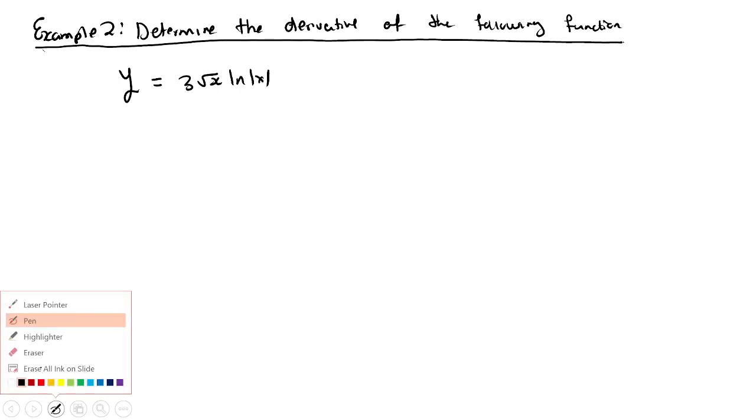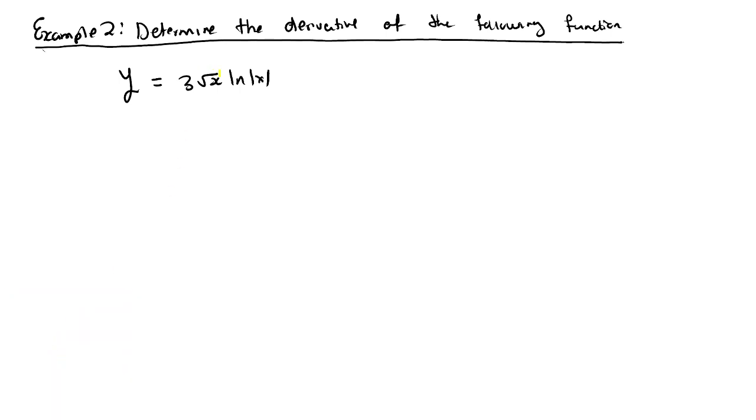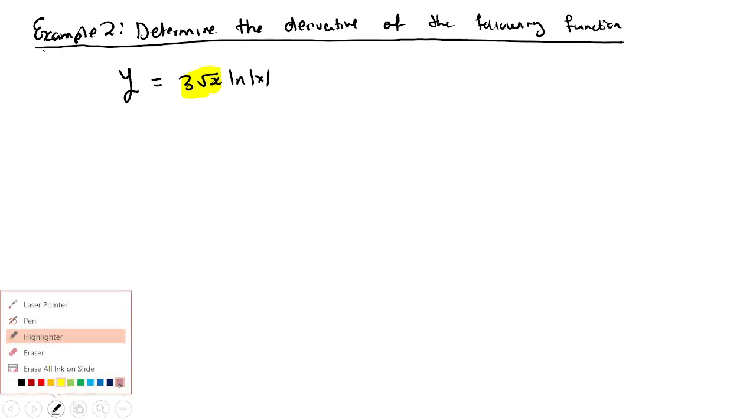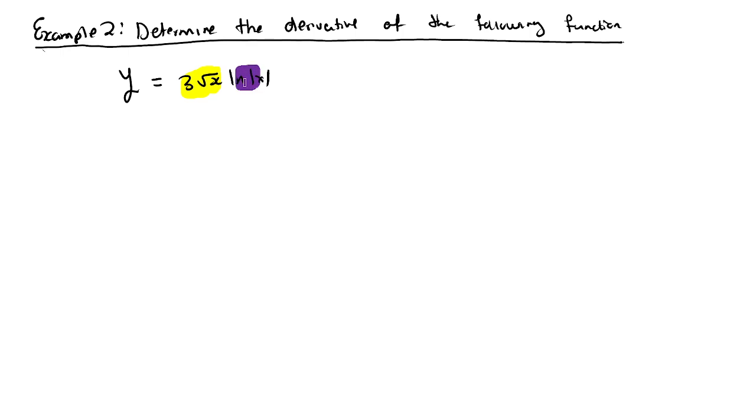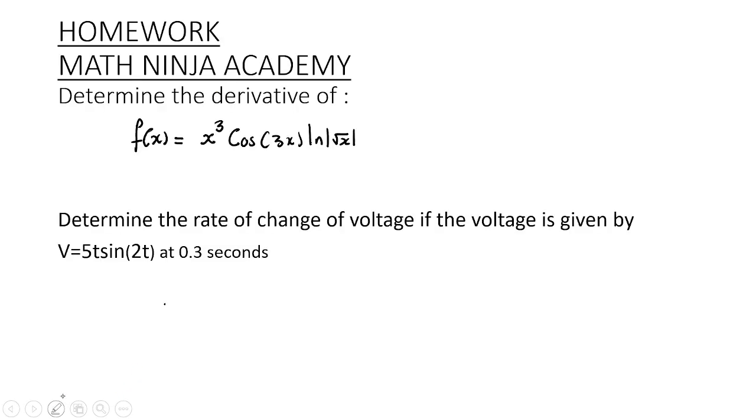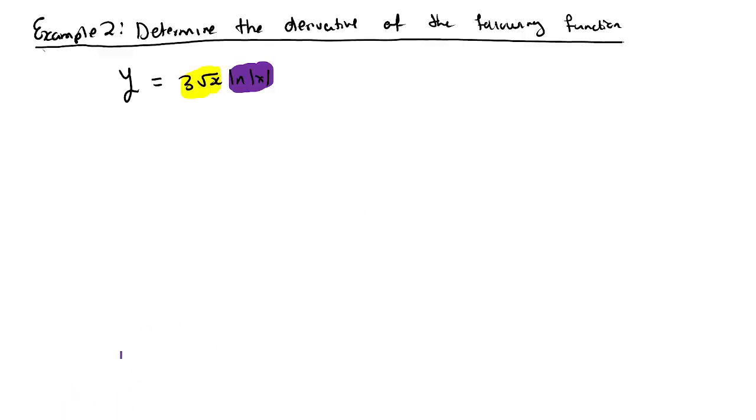The availability of two functions in this case, which is 3 root x and ln of x, is a guidance to us that we need to apply our product rule. So how do we apply our product rule?